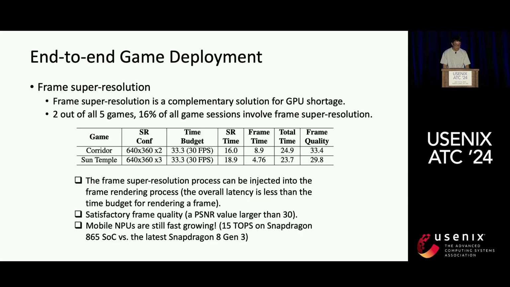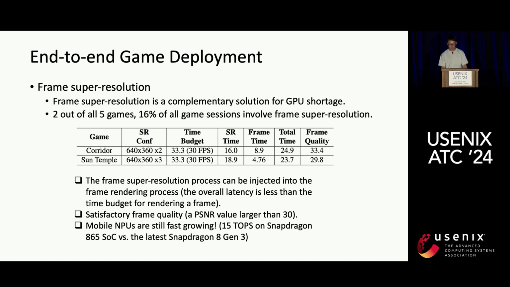The last is the individual evaluation of the frame super resolution process, because the frame super resolution is a complementary solution for the GPU shortage. We found that in our end-to-end deployment, 4 out of all 5 games, and nearly 16% of all game sessions, will involve the frame super resolution.